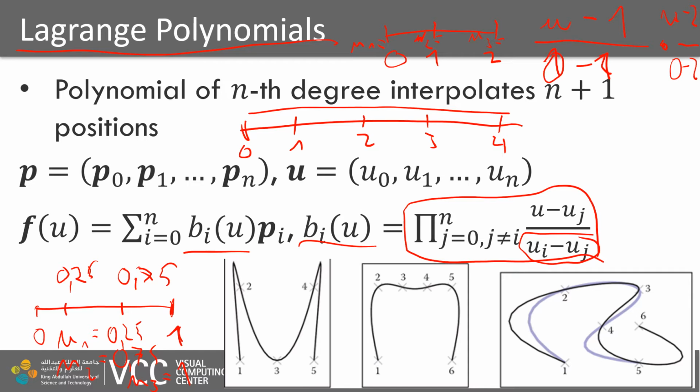We will have 2 more of such ones, and always multiplied by the corresponding point. So let's have a look at this on the next slide.